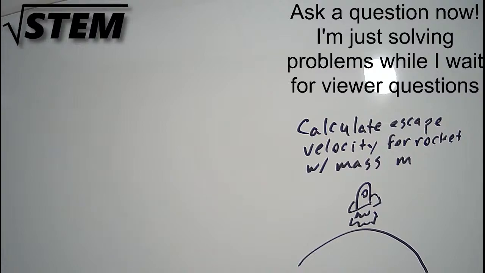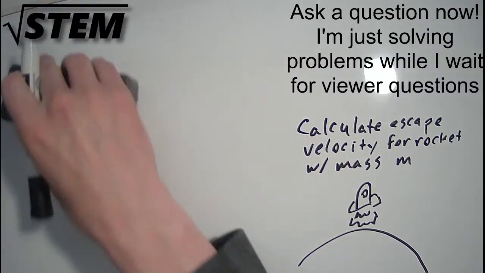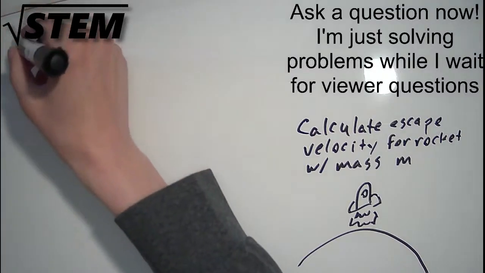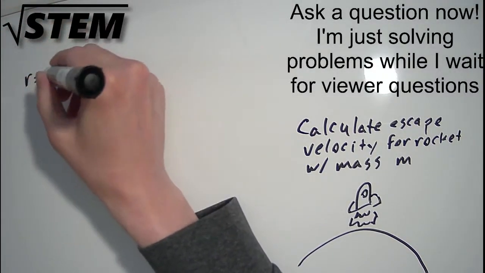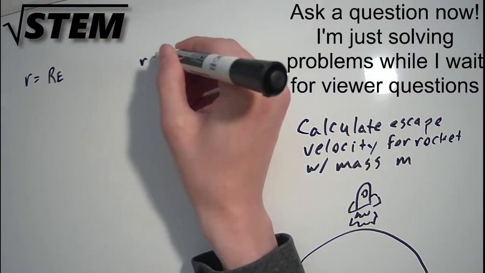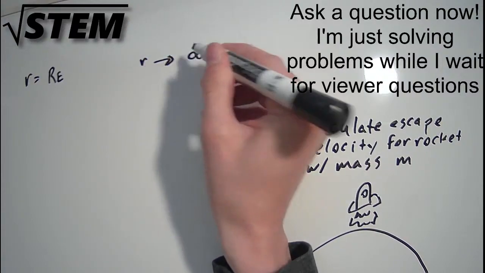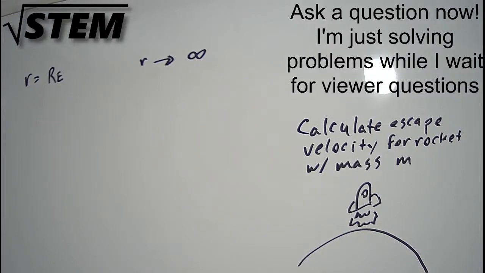So what we really have is two cases. When we're sitting on the surface of the Earth, and when we get to effectively infinitely far away from it, at that point the gravitational force will be basically zero. So what we're going to do is compare the energies at these times.